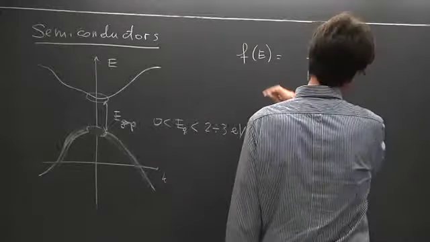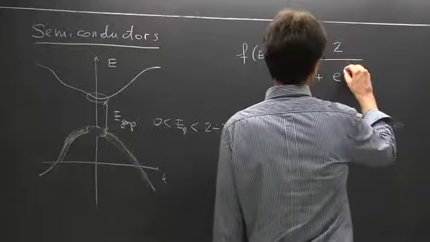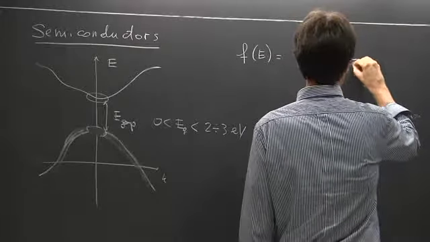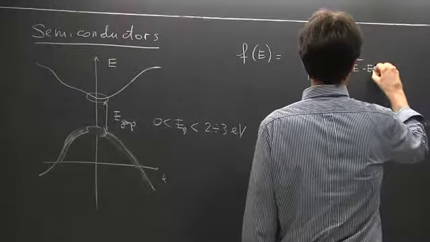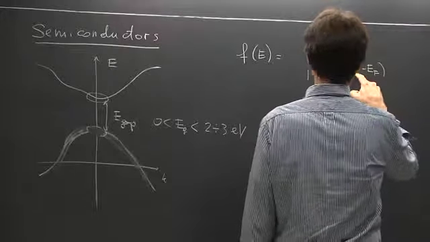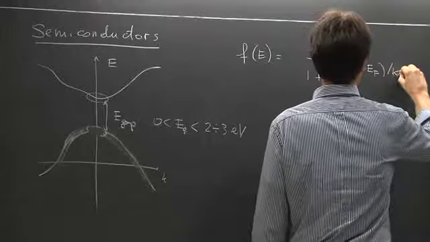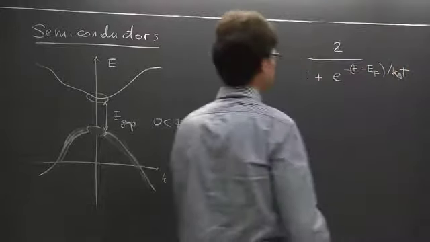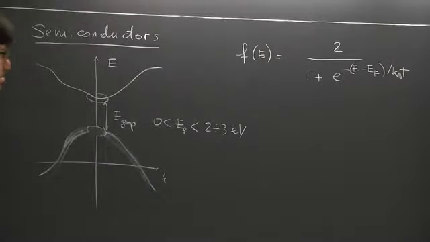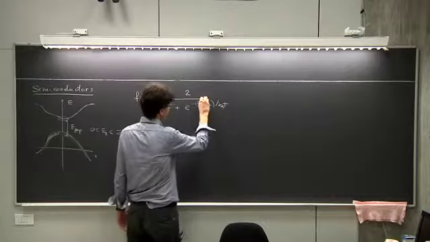So the probability that the state is occupied at finite temperature is 2 divided by e to the (E minus EF) over kBT, plus 1. All right? So this is what the Fermi-Dirac distribution tells us, what statistical mechanics tells us.